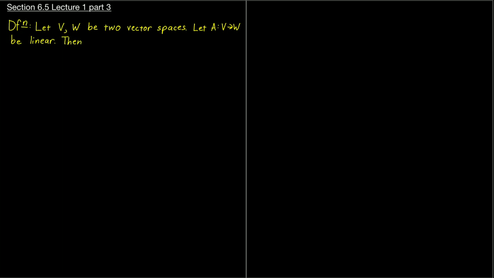Then the norm of A, there are several different definitions, but they're all equivalent. This is the supremum of the set of all norm of AX, that's the norm in W, divided by the norm of X, that's the norm in V, for all X in V, except you don't want to divide by 0.